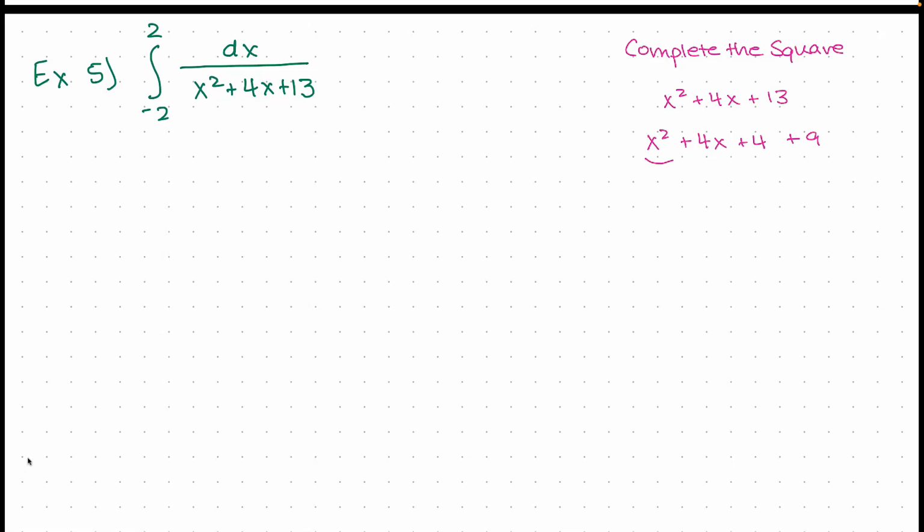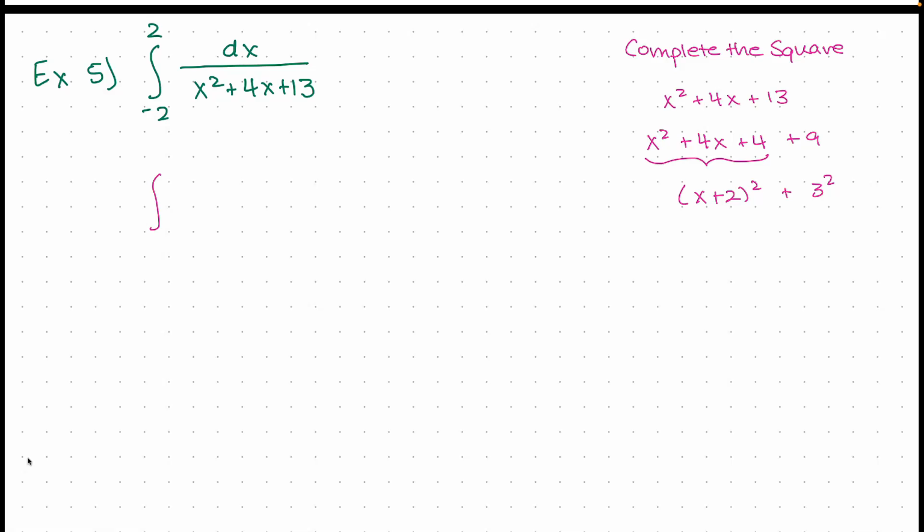And then this part is (x plus 2) squared. And the 9, for our purposes, we're going to want to think about what's squared, so I'm just going to rewrite it as 3 squared. And voila, we have what we want.